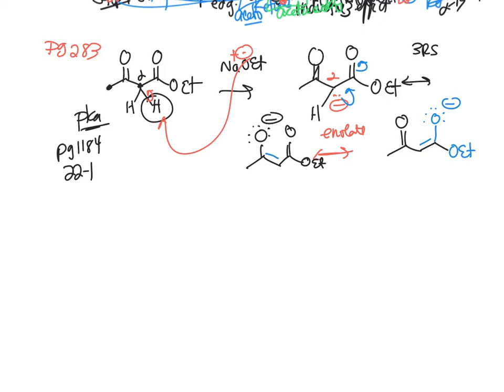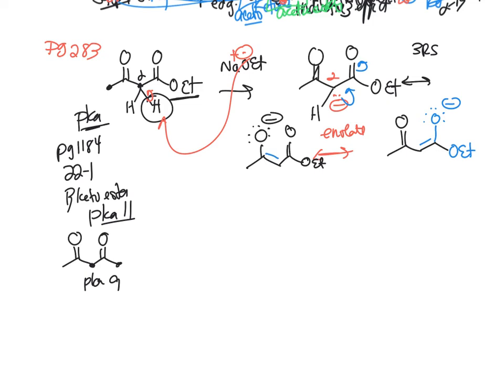And that is a beta keto ester. And the pKa there is 11. Now that's different than this one. The pKa here is 9 because the difference is the ester versus the ketone.